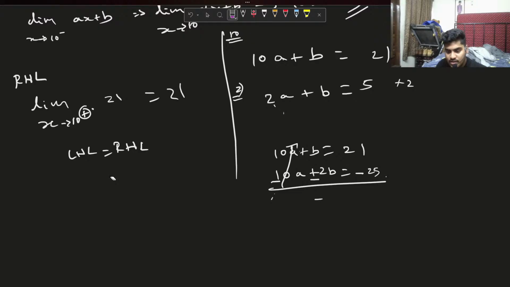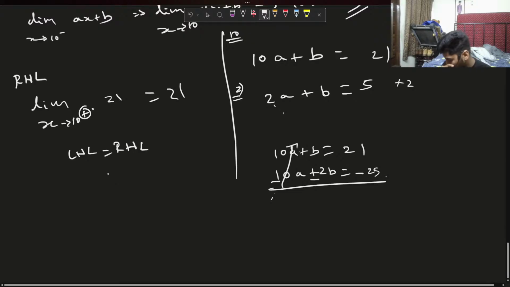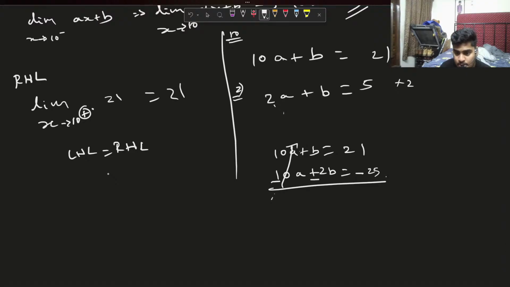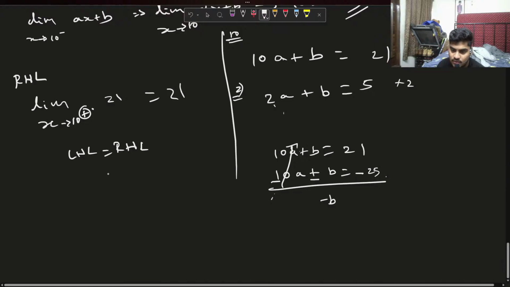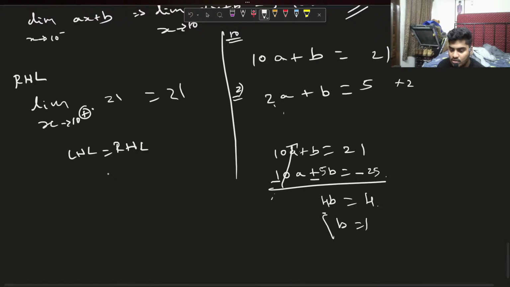Okay, one second. Let me do. I'm confused by my handwritten notes and this thing. So now if this goes, minus b. 4b is equals to 4. b is equals to 1. See that one mistake I have caused here.